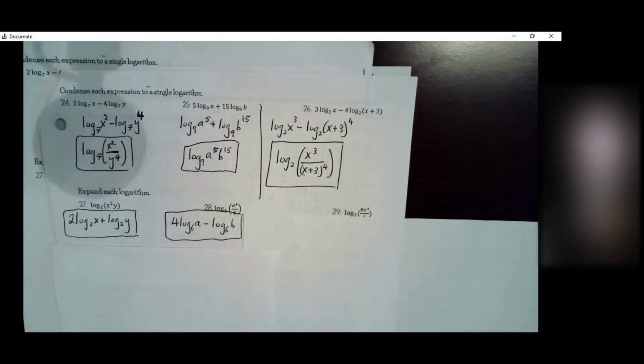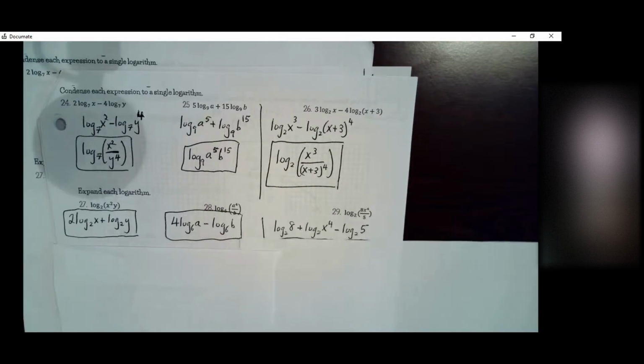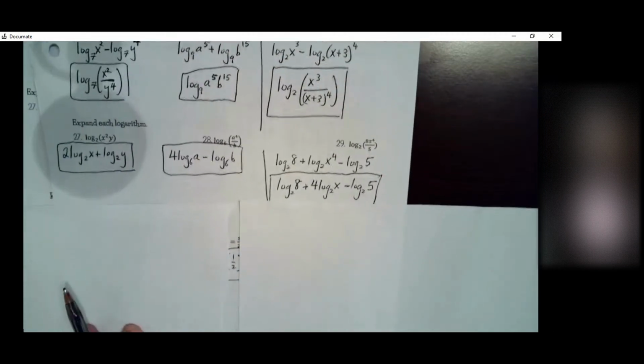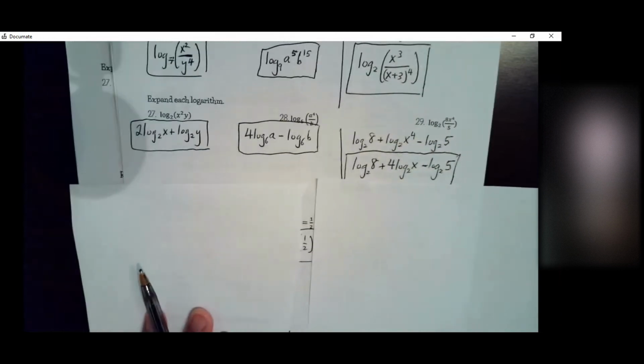Okay. 4 log 2 8x minus log 2 5. Oh, okay.